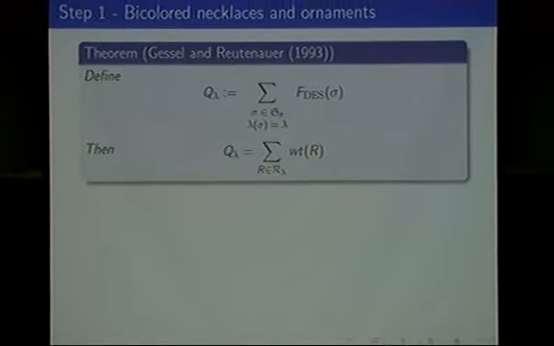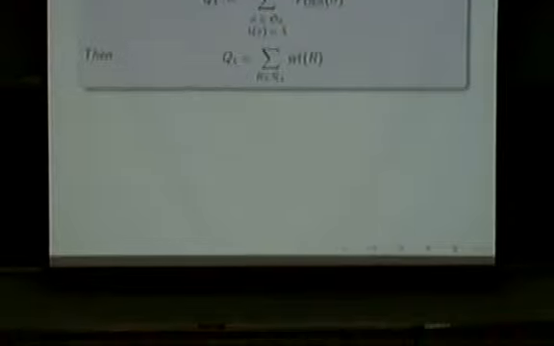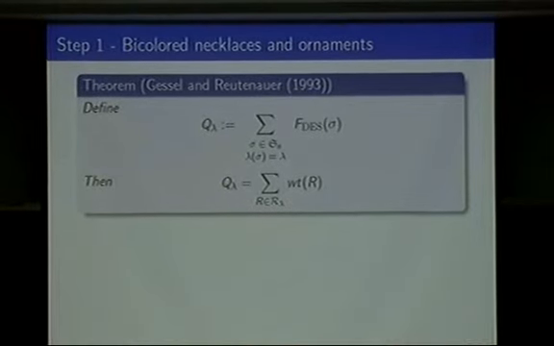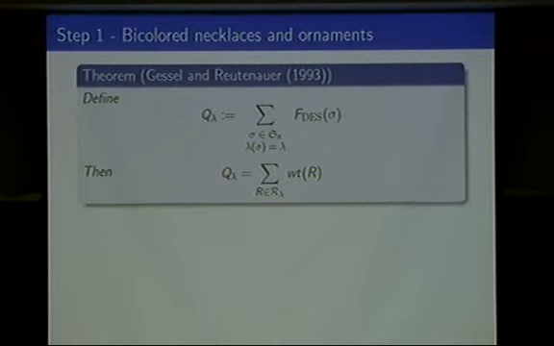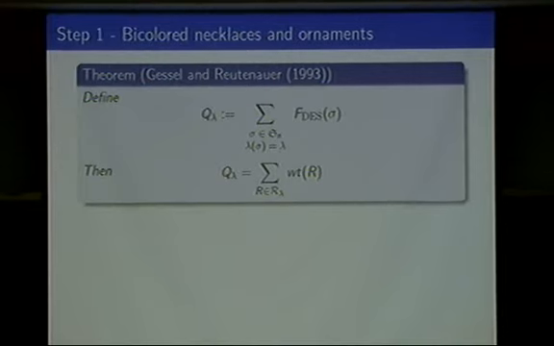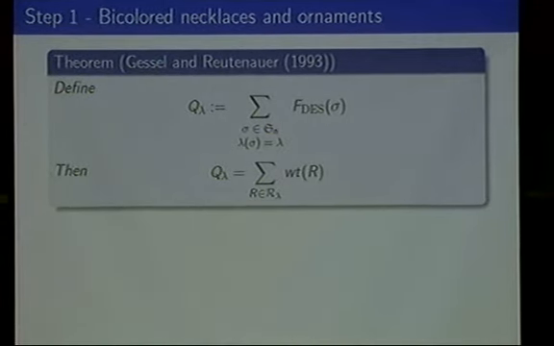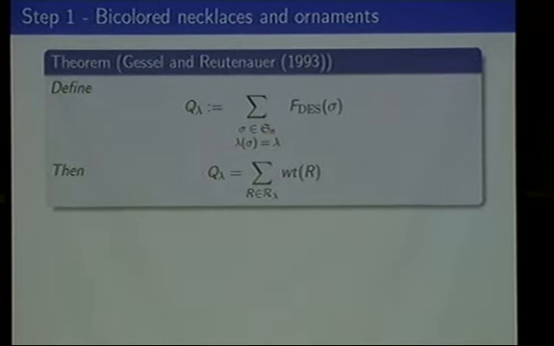And going back to Gessel and Reutenauer, this was their result: if you define these quasi-symmetric functions based on a partition of n, and you sum over all permutations of a given cycle type, and you sum these fundamental quasi-symmetric functions, then this expression is equal to this, where we're summing now over all monocolored ornaments of weight r.